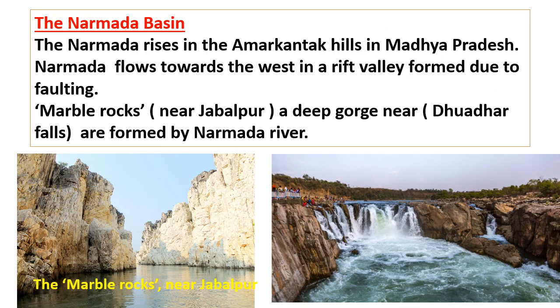The Narmada Basin. The Narmada rises in the Amarkantak hills in Madhya Pradesh. Narmada flows towards the west in a rift valley formed due to faulting. Marble Rocks near Jabalpur and a deep gorge near Dhuandhar Falls are formed by the Narmada River.